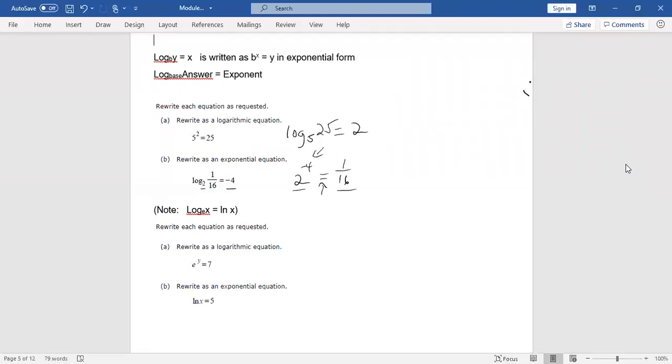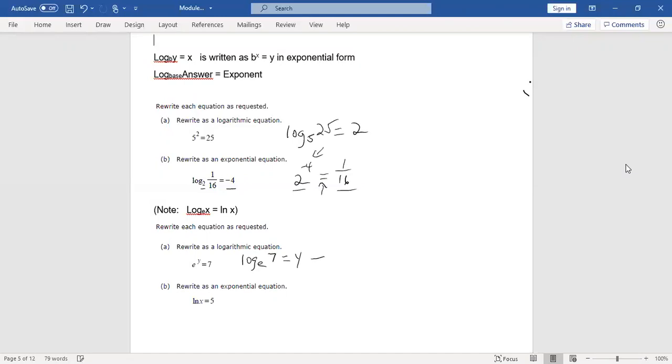Again, we're rewriting in logarithmic form. So I'm going to write the word log. My base in this case is base e. My exponent is y. My answer to raising e to the y power is 7.